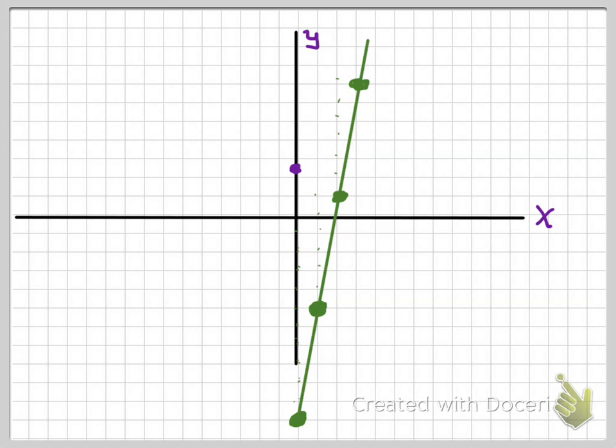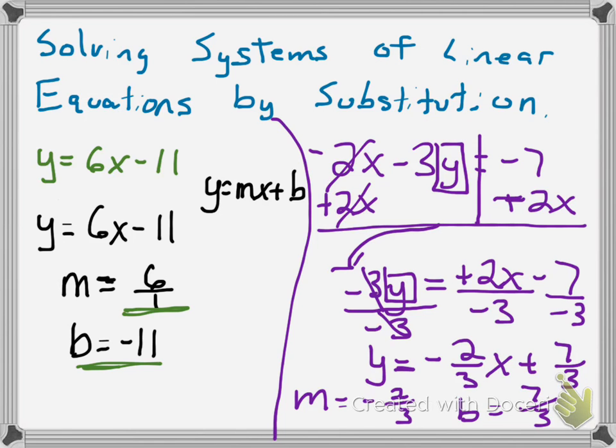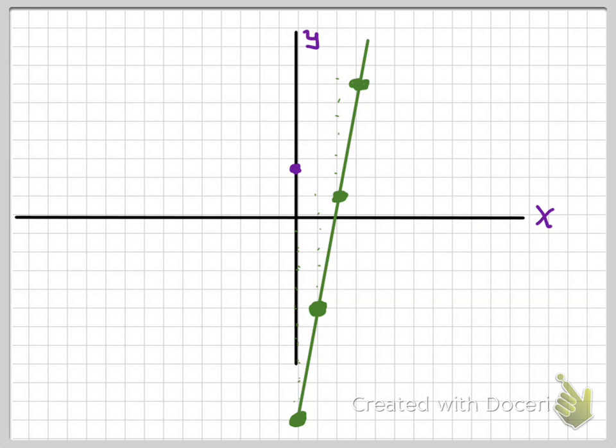But now that I have a slope, which was negative 2 over 3, I could go down 2 spaces. Be careful. Wherever you plot that y-intercept, you kind of have to count down 2 spaces from that. Now, it's not going to be perfect. When I count down 1, 2, it's probably going to be somewhere right in here. And then over 3. So there's my second point.